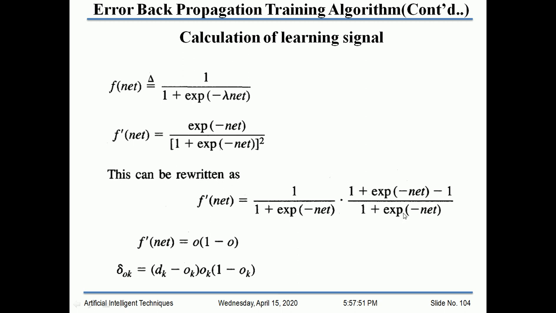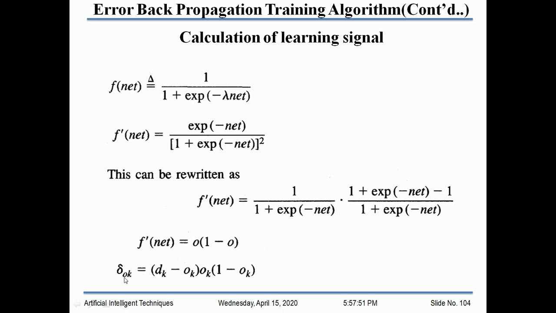You divide it with 1 plus exponential of minus net, this term alone. So I consider it as one term, (1 plus exponential of minus net) by (1 plus exponential of minus net), that is 1, minus 1 by (1 plus exponential of minus net) will be left out. So that is 1 minus O, is it not? So f dashed of net is O into (1 minus O).